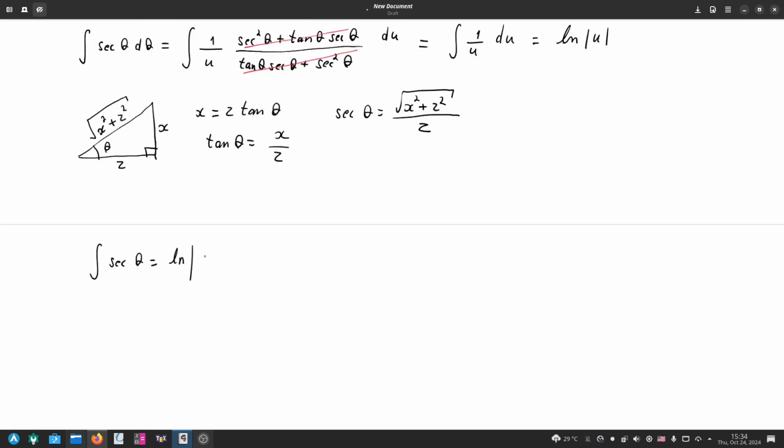Let's go back from u to secant of theta plus tangent of theta. And finally we substitute these trigonometric expressions by their value in terms of x and z.